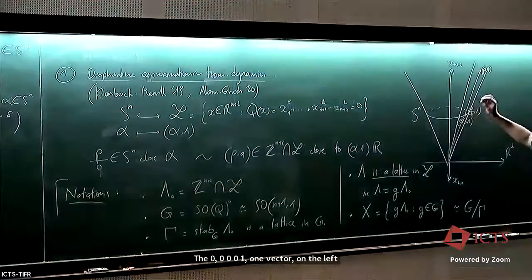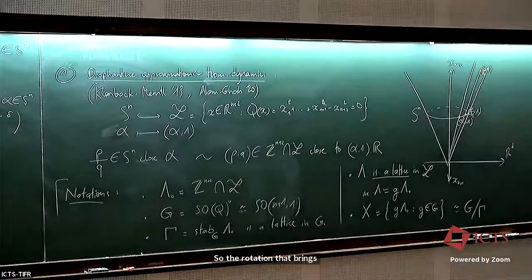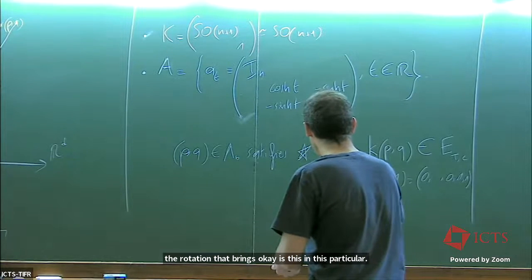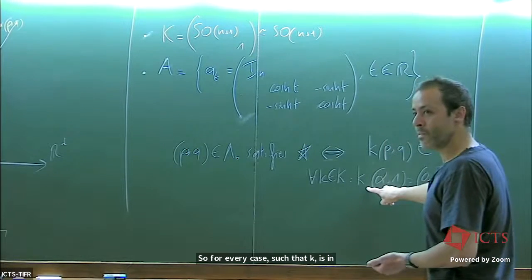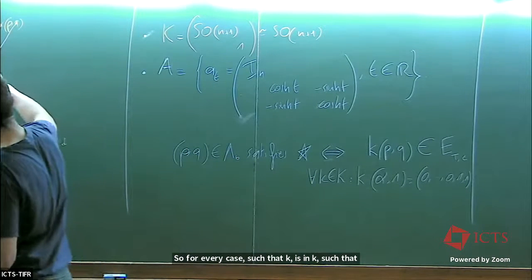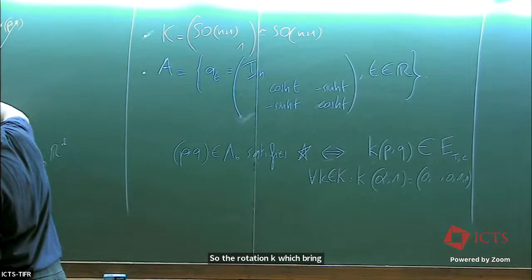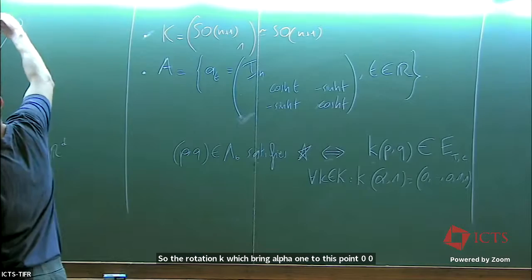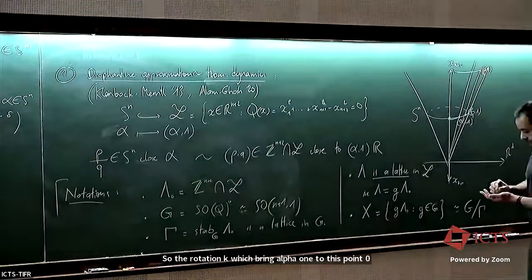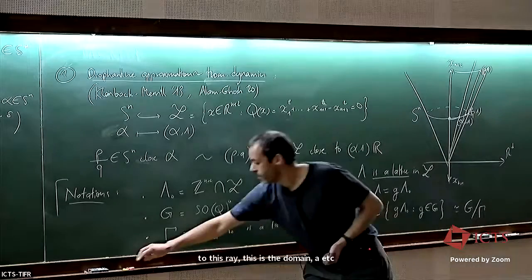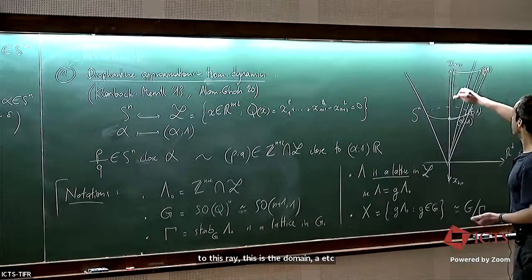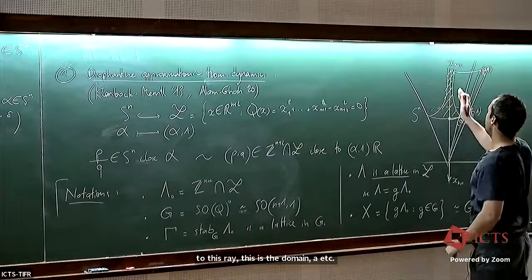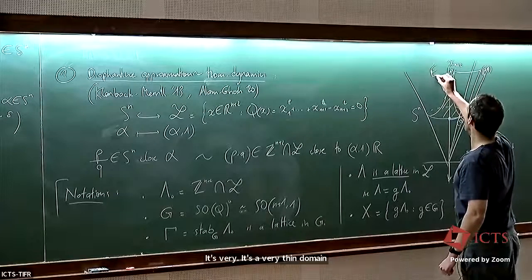So the rotation K which brings alpha 1 to this point should bring PQ close to this ray, and this is the domain ETC. It's a very thin domain along this ray. So this is ETC.